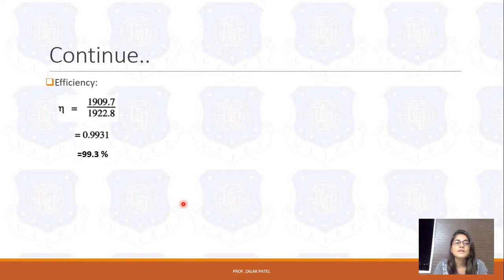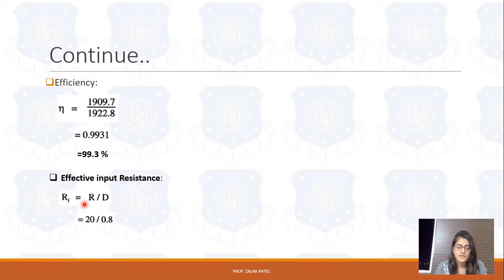We get 0.9933, so 99.3% efficiency. For the effective input resistance, it is simply R upon D. The resistor is 20 and the duty cycle is 0.8, so 20 upon 0.8, which becomes 25 ohm. So this is another example related to the step down chopper.